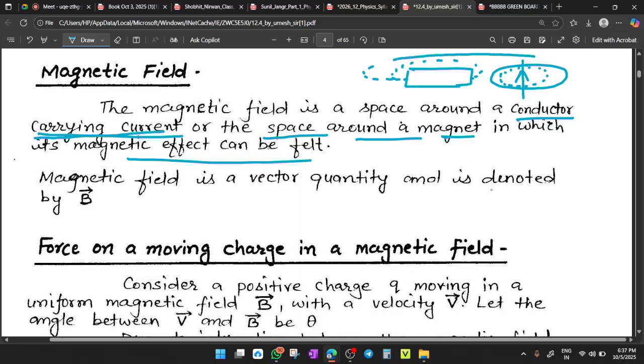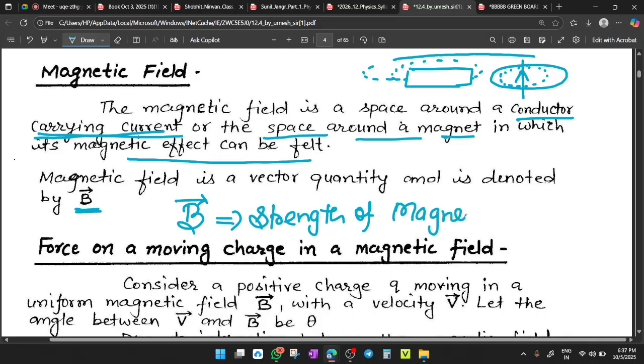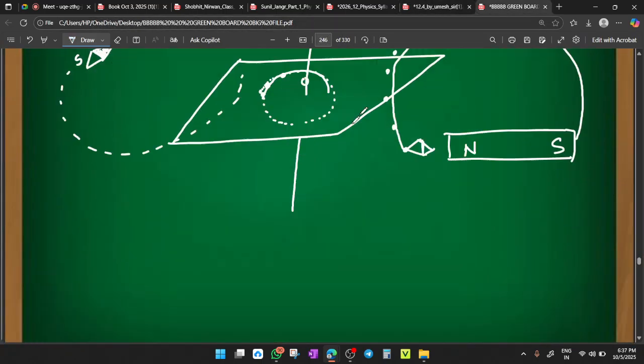Magnetic field is a vector quantity and it is denoted by B. Actually, B represents the strength of the magnetic field. Clear, beta? Yes, so note it down. The quantity related to the magnetic field is the B vector that represents the strength of the magnetic field. Like same in electricity, there is a charge.